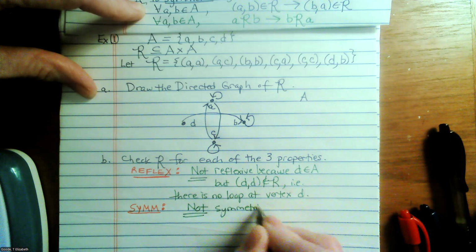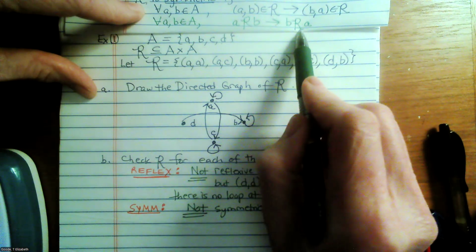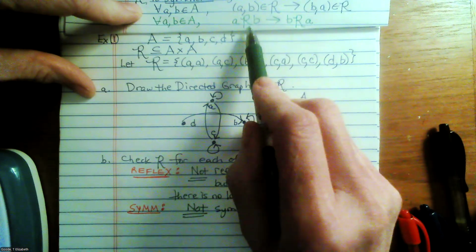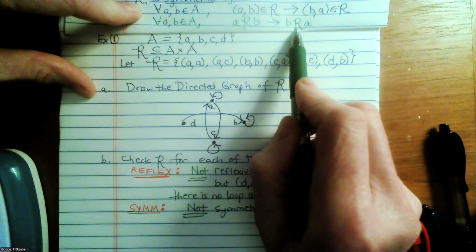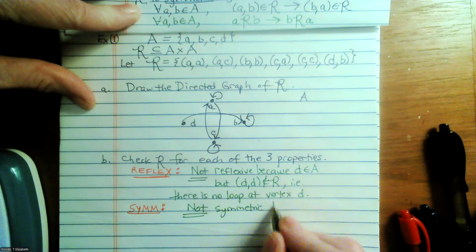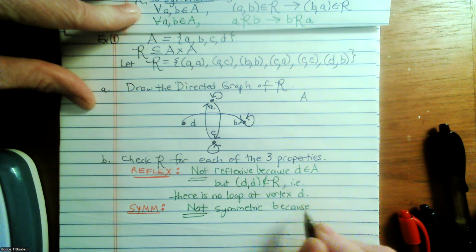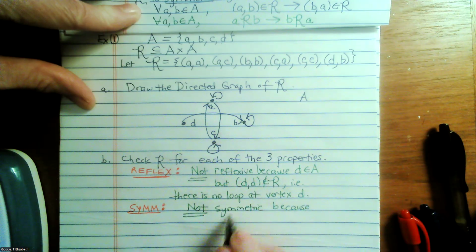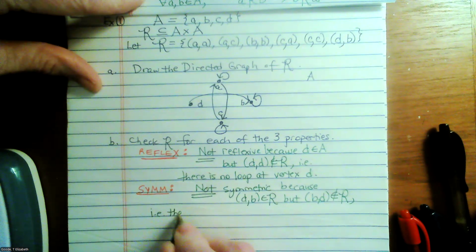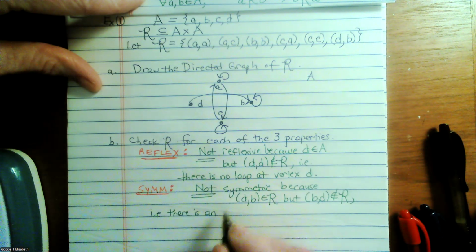So no, it's not symmetric. Remember, the negation of an if-then statement is an and statement. The negation of P implies Q is that P happened and Q failed to follow. Remember that? So it's not symmetric because D, B is an element of curly R, but B comma D is not an element of curly R, i.e., there is an edge, if you just want to talk about the graph, you can do that.